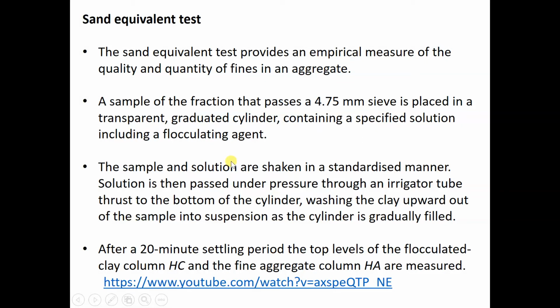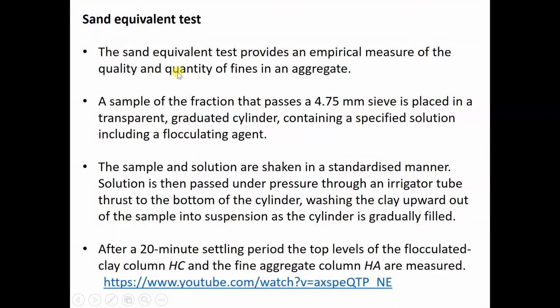They have to wash it, but they cannot get it completely clean. There will be some sort of contaminants, the clay, in the aggregate, so they need to test it and make sure that there's not too much of the clay materials.